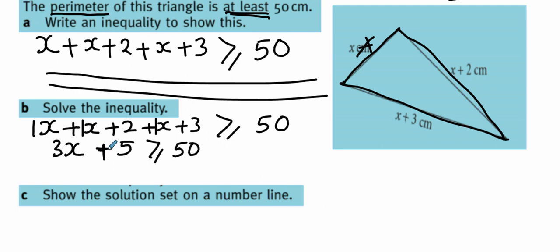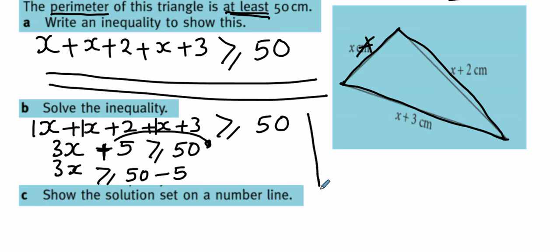This positive 5 will be shifted to this side, and because it is positive, it will become minus 5. So 3x is greater than or equal to 50 minus 5. Can you see that? So 3x is greater than or equal to 45.